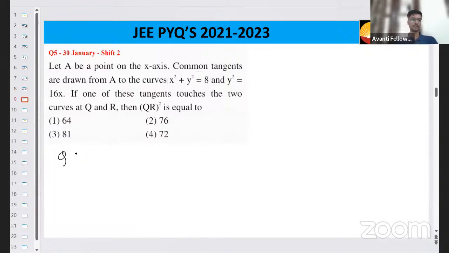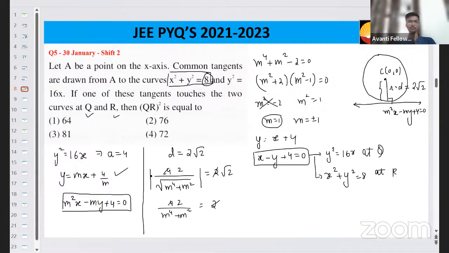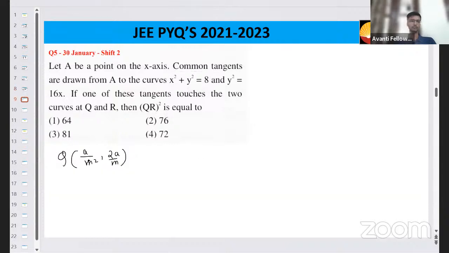Coordinates of Q, just now we saw, right? a by m square, comma 2a by m. I hope you remember, just now we saw in the first or second question. So what is a? a is 4 and m is 1. So Q will be 4 by 1 square, comma 2 into 4 by 1, which is 4, comma 8.